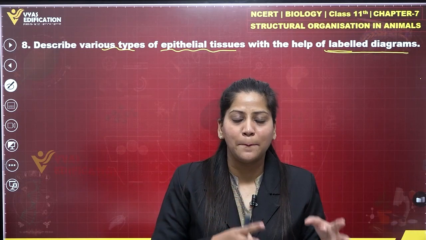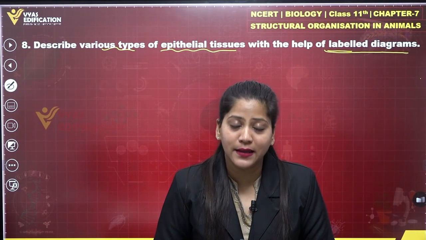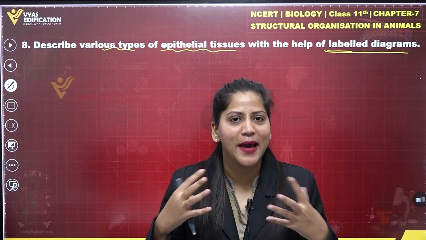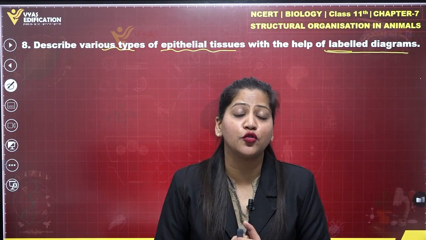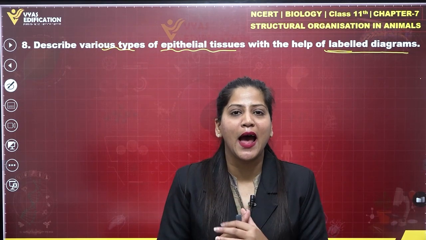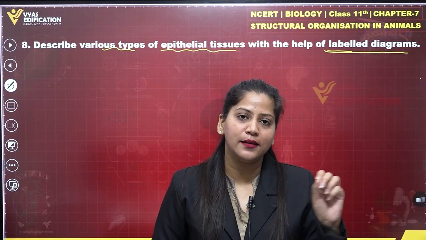Now moving on to the compound epithelium. Compound epithelium, we know, is an epithelium which consists of many layers of cells. The primary function of compound epithelium is to provide protection, with limited function of absorption and secretion.